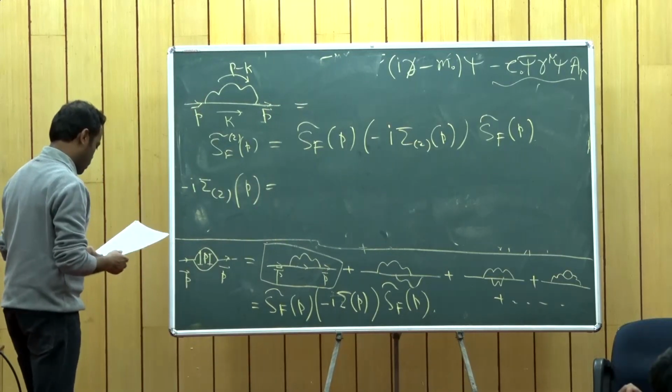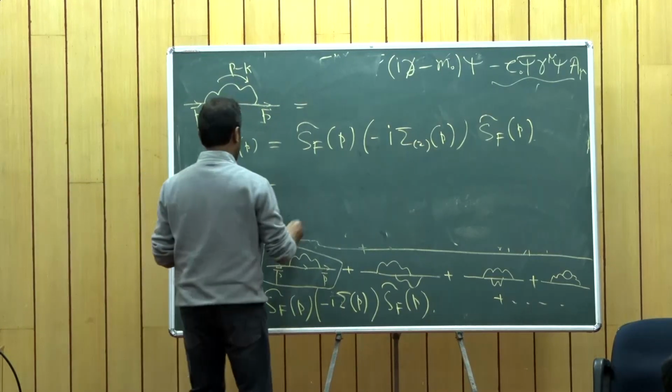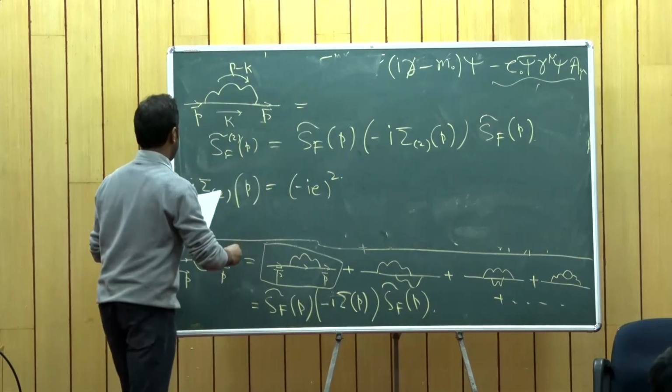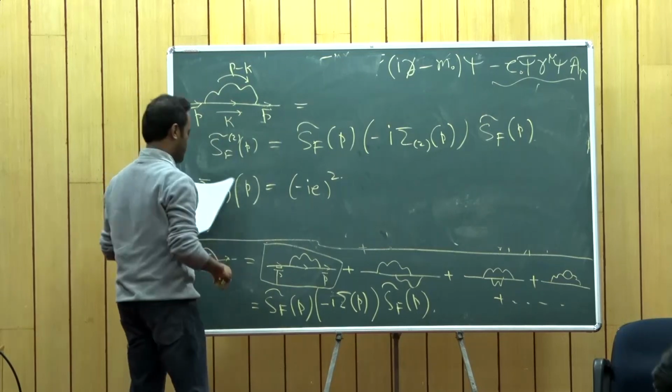But this particular quantity, minus i sigma 2 of P, is the amplitude of the loop part only, and it looks something like this. Just using simple Feynman rules gives you this amplitude.